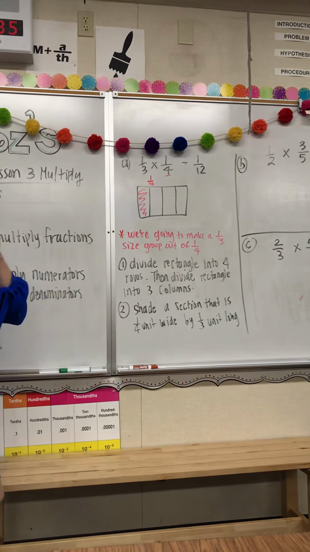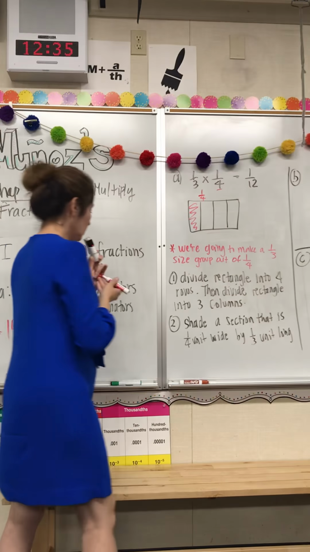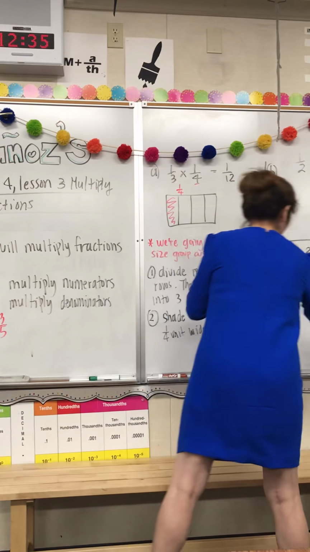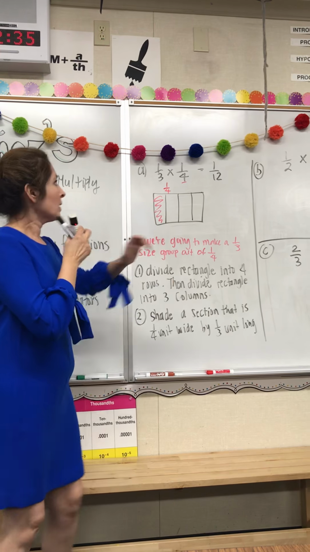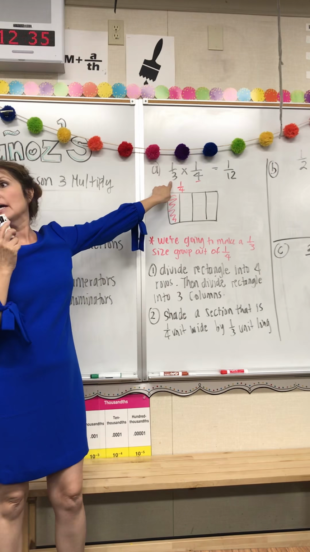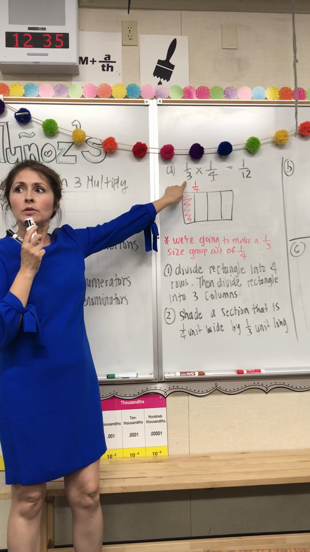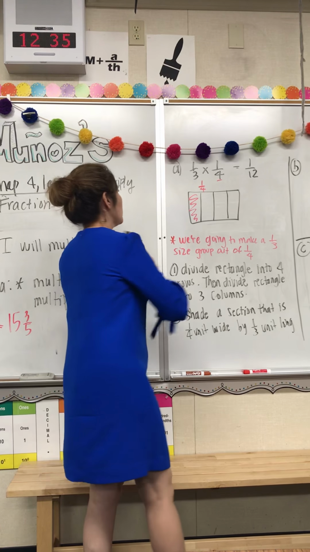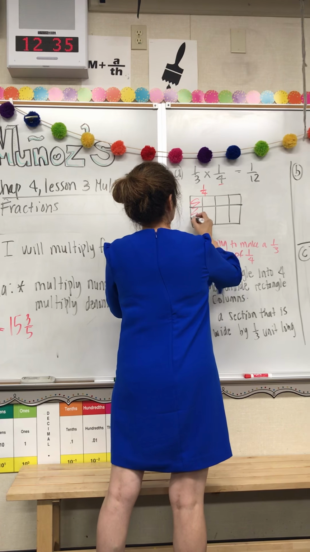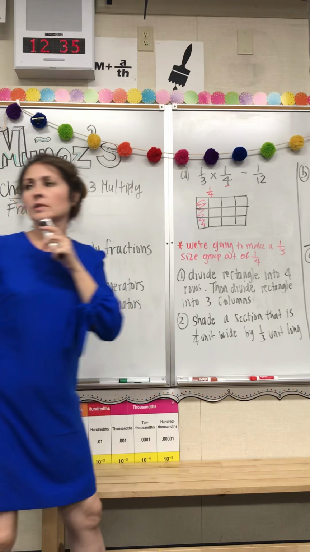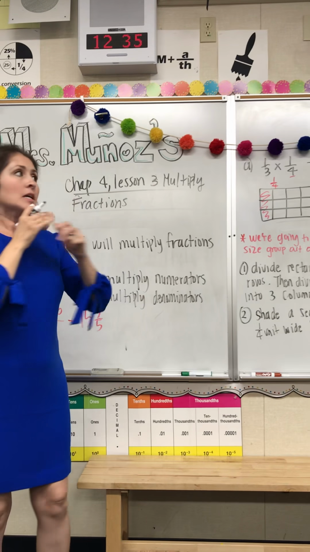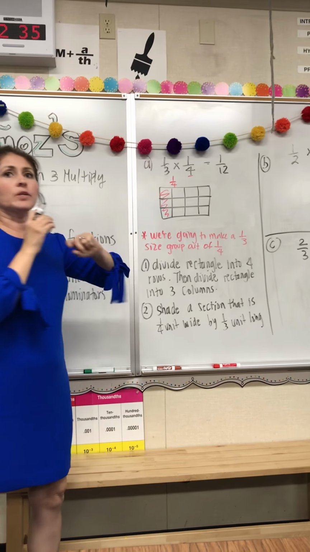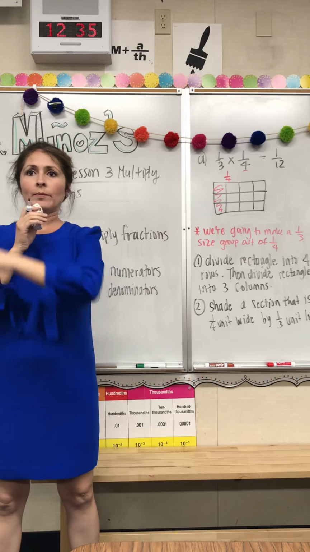Okay. Now we're going to do thirds. So we're going to make rows. The denominator tells me how many total rows I will cut. How many? 3. Okay. So I'm going to slice it like this. Good so far? The top tells me how many I'm going to circle, what I'm going to be looking at.